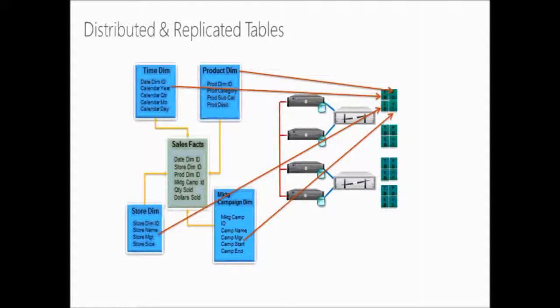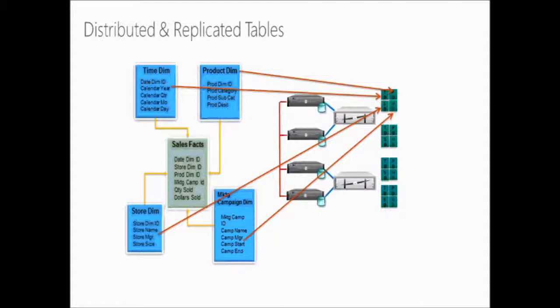And since your dimension tables go into almost all the joins, what you do is replicate these tables to each compute node. Because they are small in size, they are not taking too much space on your system. And since they are available in each compute node as a whole table, there's no data movement, and they are used in the joins within that compute node without requiring data from other compute nodes.